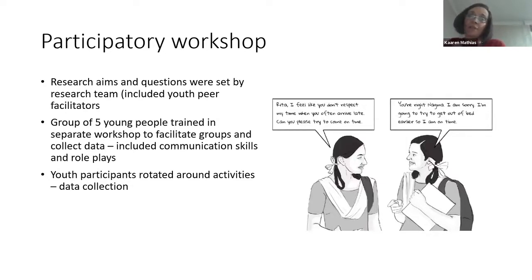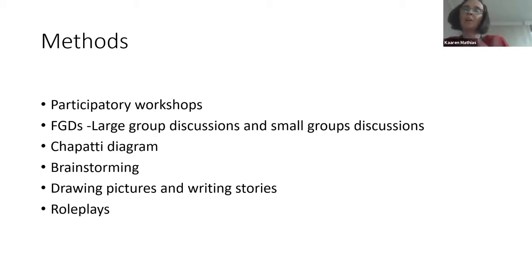We did a training around communication skills, group facilitation, and discussed what we hoped would be the format and the ways of collecting data. And then this group of young people arrived at a setting and rotated around activities that were facilitated by peers. We used quite a range of really active approaches.